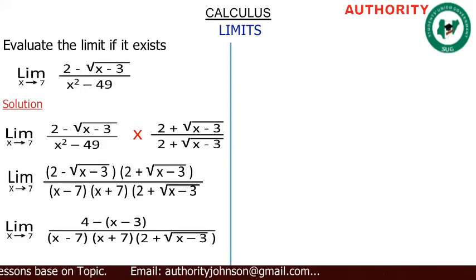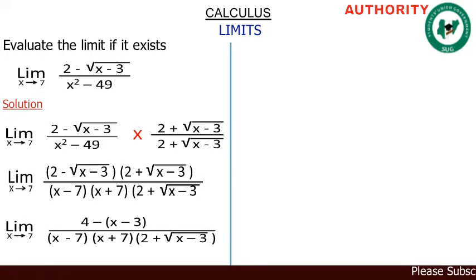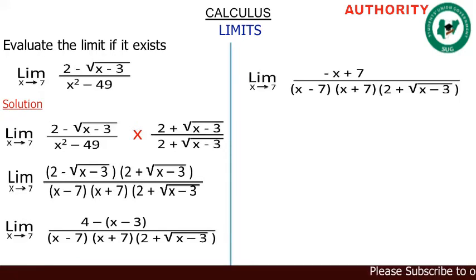So in our numerator, we have 4 minus x plus 3 all over x minus 7, x plus 7, 2 plus square root of x minus 3. Good. Now 4 plus 3 gives us 7. So we have minus x plus 7 all over x minus 7 in bracket, x plus 7 in bracket, 2 plus square root of x minus 3 in bracket.